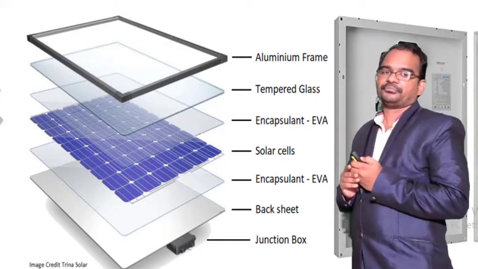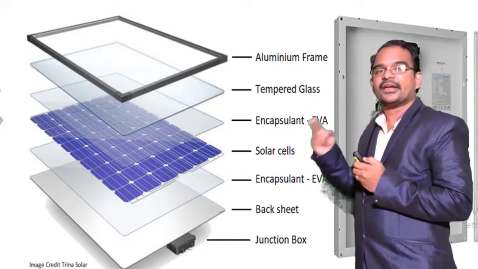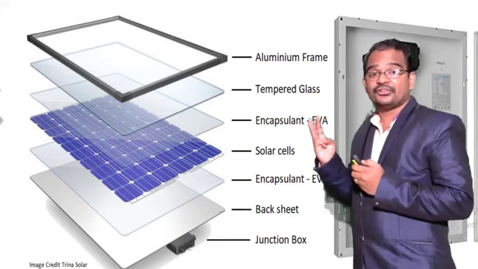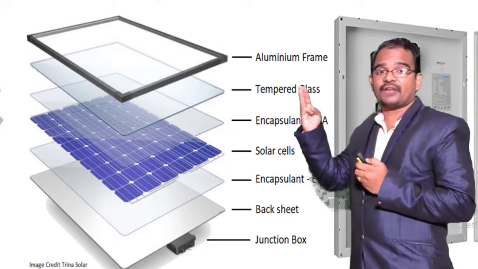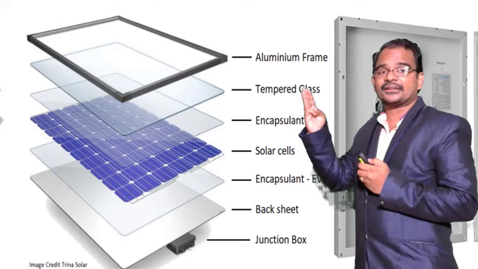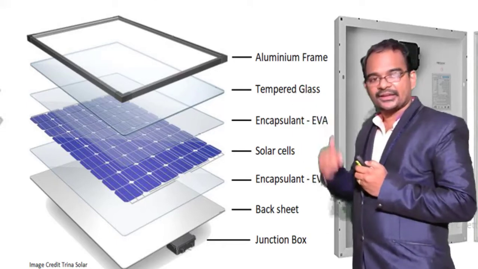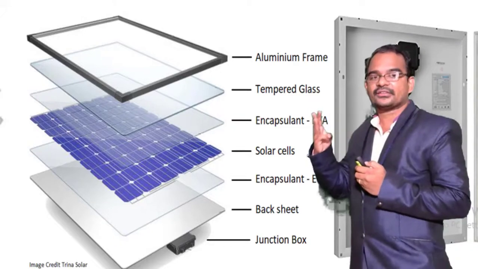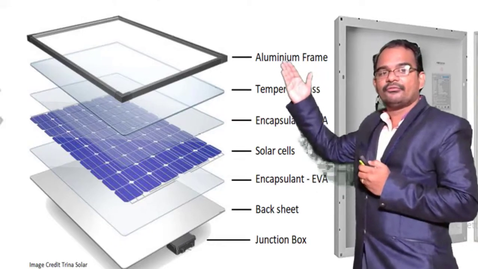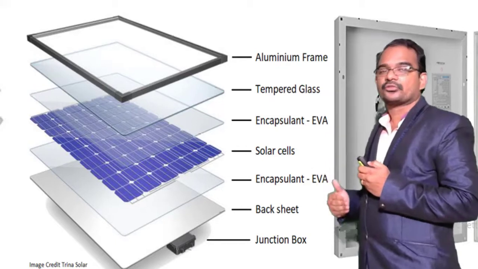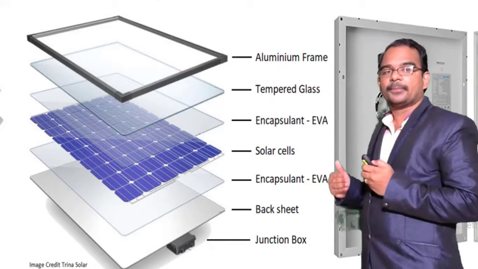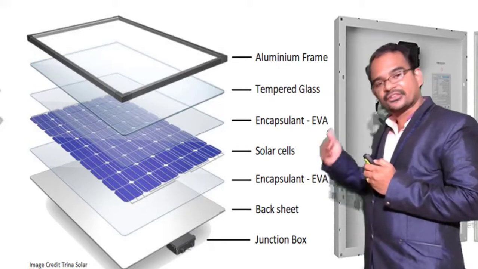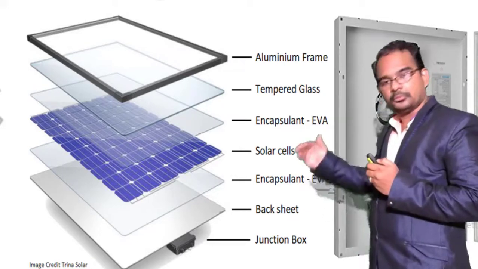The first sandwiched layer is the encapsulant. The second consists of a transparent low iron content tempered glass at the top and a back sheet of Tedlar at the rear end. The third is the aluminum frame on the front end and the junction box, which consists of blocking and bypass diodes as well as the electrical connections, at the rear end of a solar module.